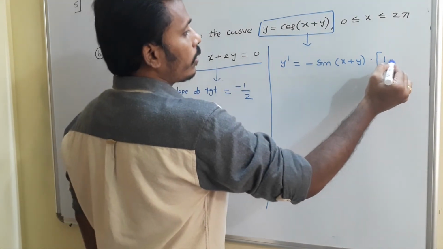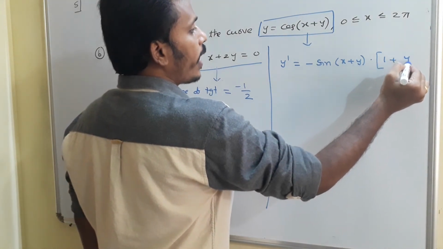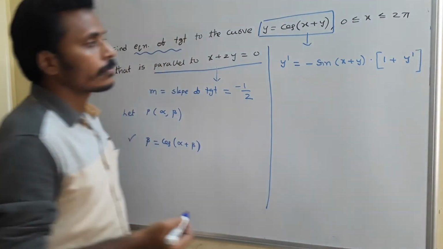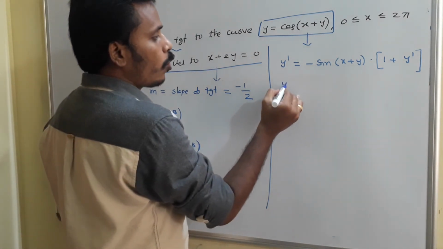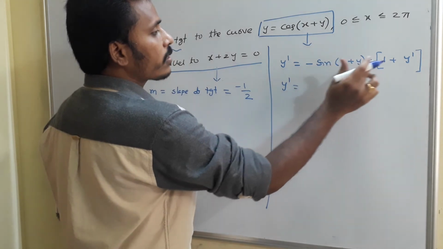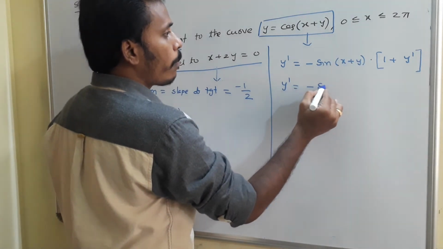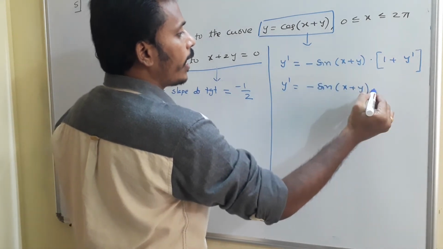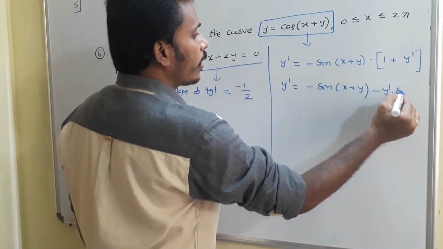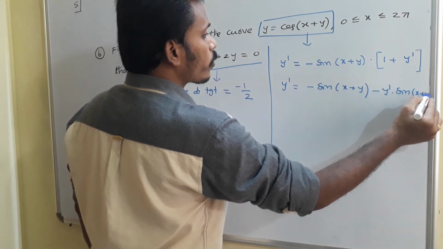For x it is 1 and for y it is again y dash. Right? So we need to make y dash the subject. So y dash equals minus sin of x plus y into 1, so minus sin of x plus y, and then this into that y dash: minus y dash into sin of x plus y.